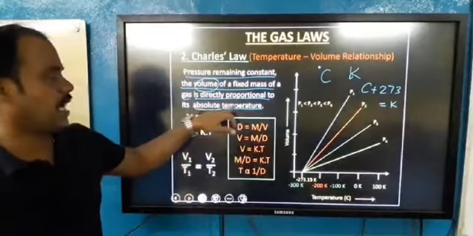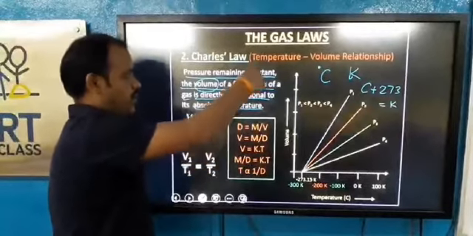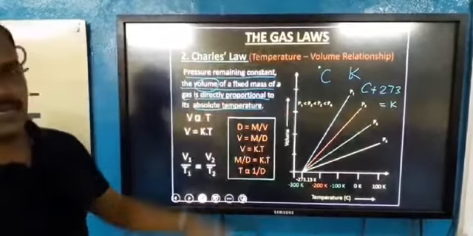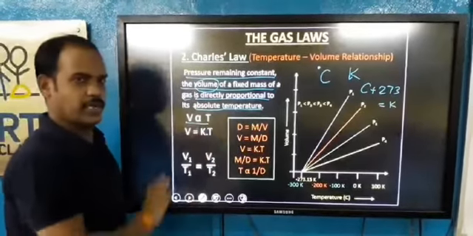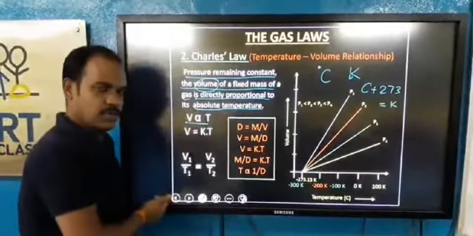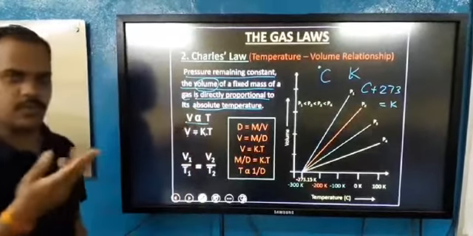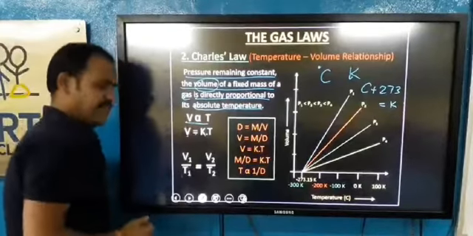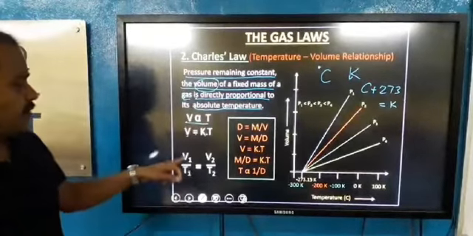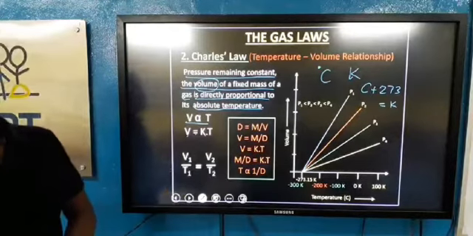So here this is absolute temperature, means we have to use temperature in Kelvin scale. So it's a relation between volume and temperature, directly proportional. Remove this sign. So V is equal to K into T. K is a constant, that is the proportionality constant. Then at different temperature and volume, suppose at V1 volume temperature is T1, so at V2 volume temperature will be T2.